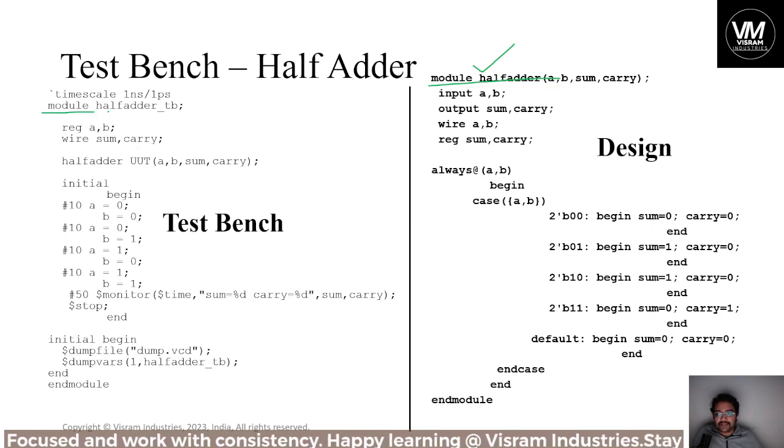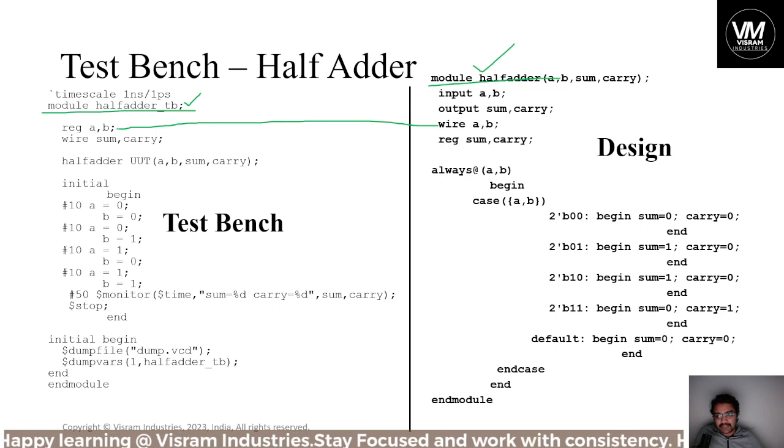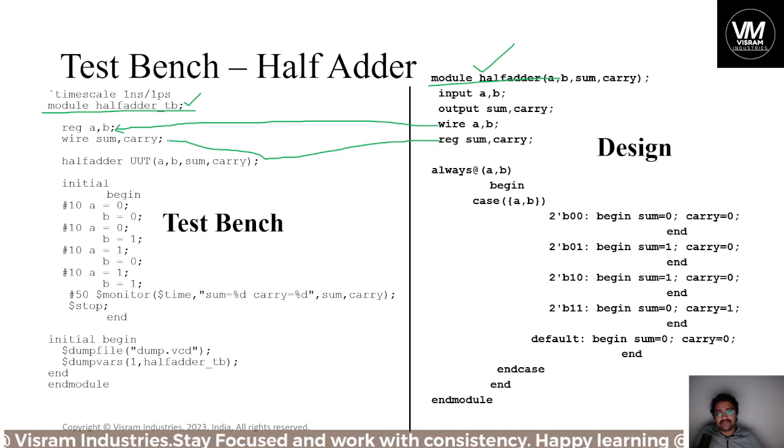So we need to mention module half adder underscore TB. There are no inputs or outputs for the test bench. It is just an environment, so we don't declare inputs and outputs, but whatever you have written as wire will be a register in this, and all the registers will be wires here.